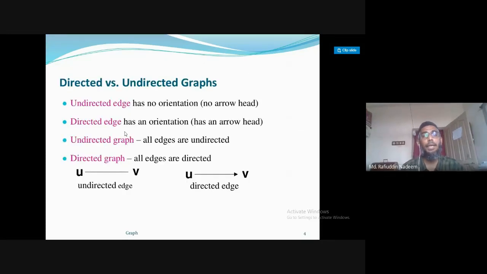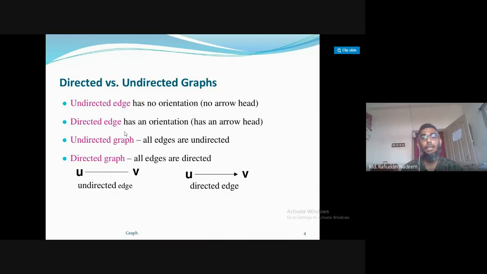Next, we have the directed and undirected graph. An undirected edge has no orientation, that is, no arrowhead. In either way you can go, from U to V or V to U. Whereas in the case of a directed edge, you have an arrowhead, which means there is an orientation.